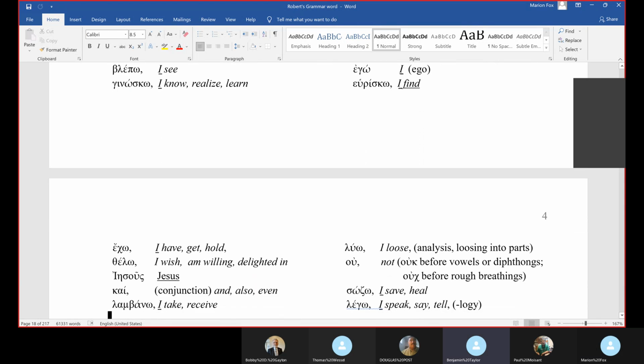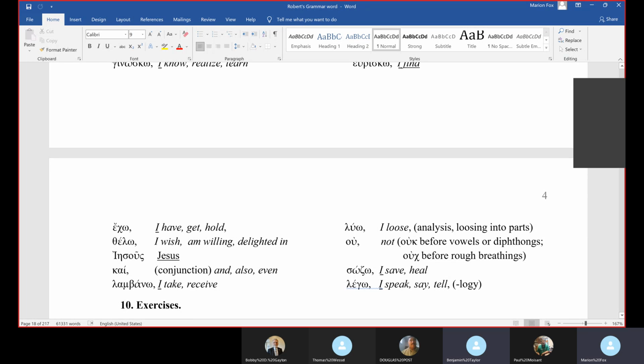Brother Fox? Do you have a good resource for looking up the conjugations? Yes, there are some books that you can get that will have them. These are called Analytical Lexicons, and you can order them on the internet. I have two of them. I have a Baxter, which was done by Moulton, and then I have another one that was done by another source. What they do is they kind of let you cheat.